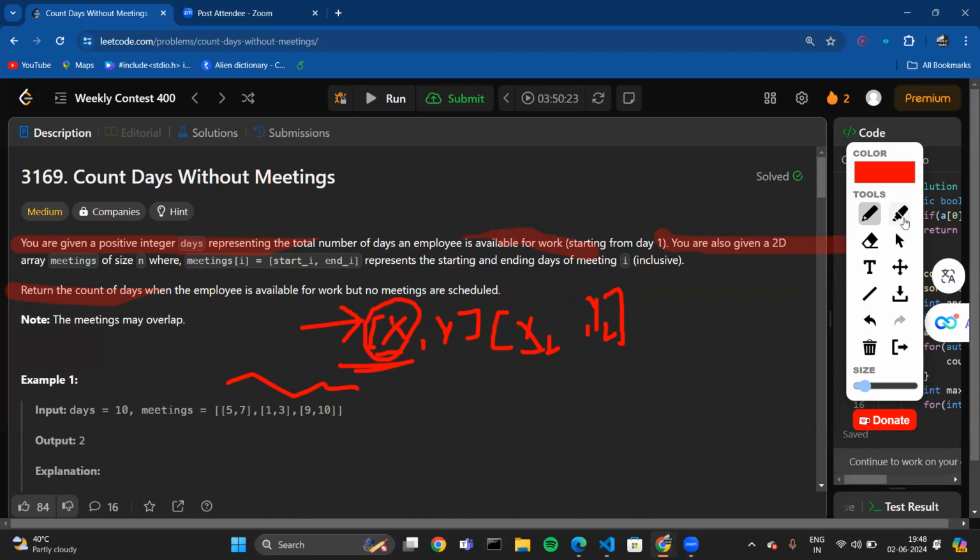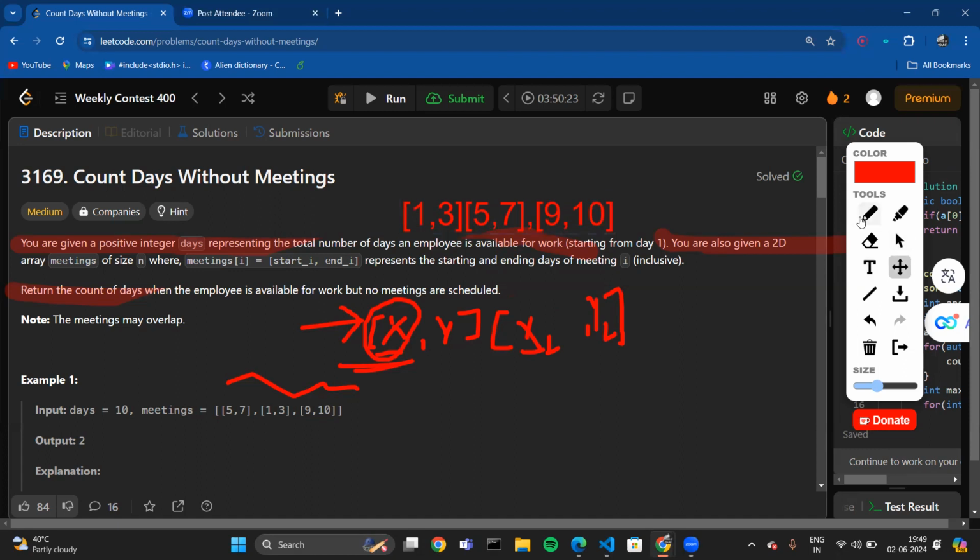Okay, now what after sorting? Let us take this array as an example. After sorting, it will look like 1 comma 3 first, then 5 comma 7, because we are sorting according to the initial time, then 9 comma 10.